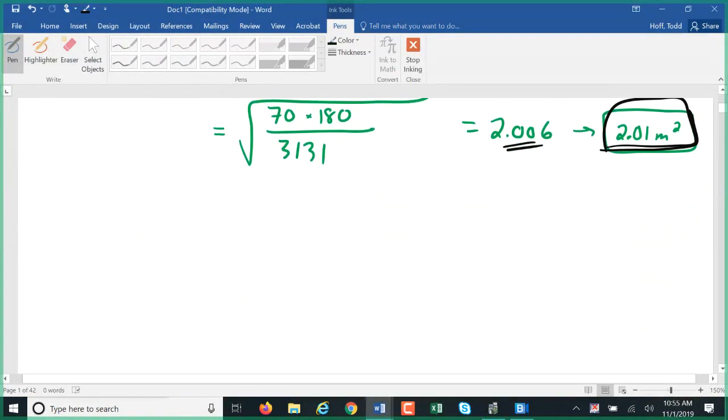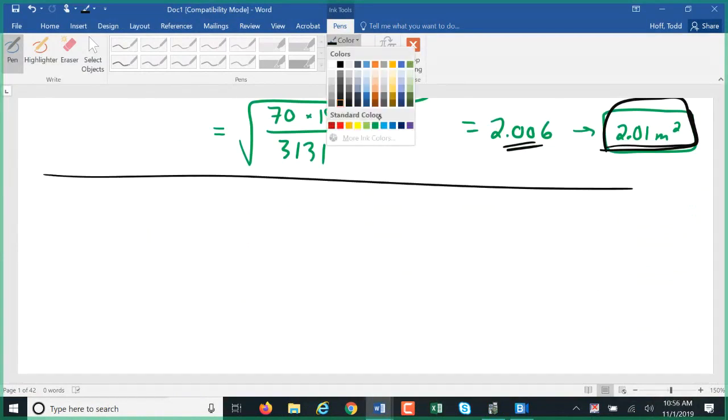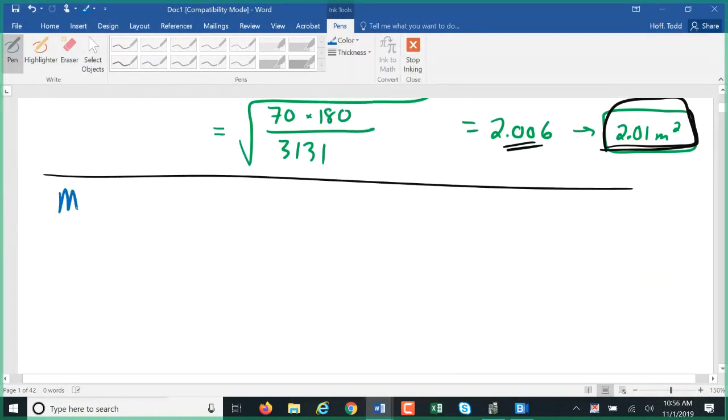If we start out with metric units, we're looking at our height in centimeters and our weight. Of course, we know it's not really weight, it's mass, in kilograms.